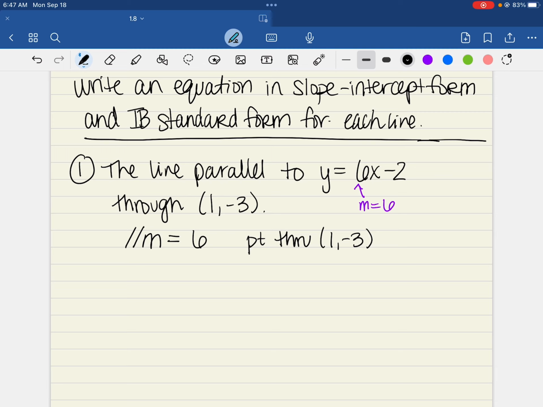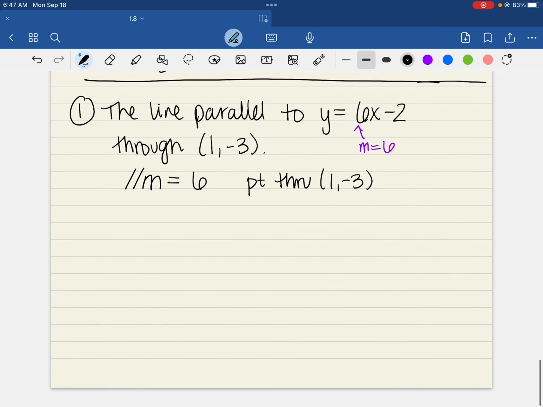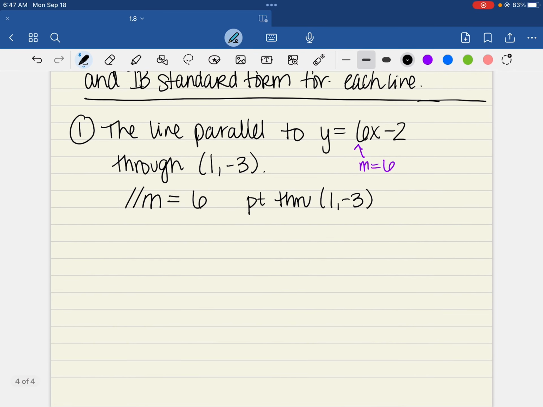So we are provided slope and we're provided a point. So if we are provided a point and a slope, we have to go through point-slope form. So y minus a negative 3 equals the slope times x minus 1.